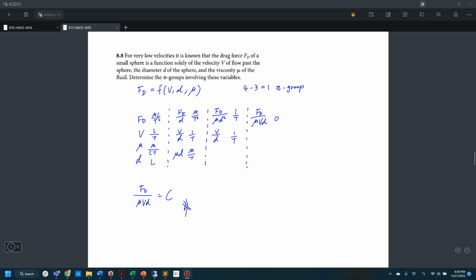Now both of the remaining terms have the dimension 1 over T. To remove T, you can just divide the first term by the second term. Now you have a new variable, Fd divided by mu v d, that is dimensionless. That is your pi group, and you can write the final term in the equation that I show here.